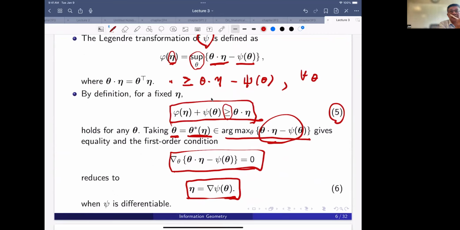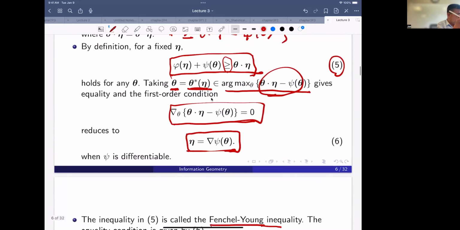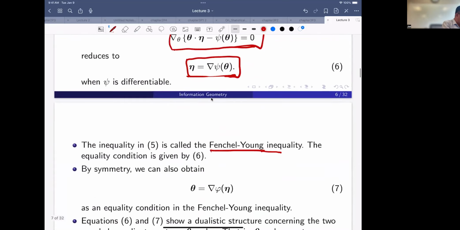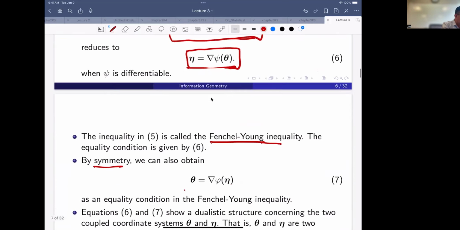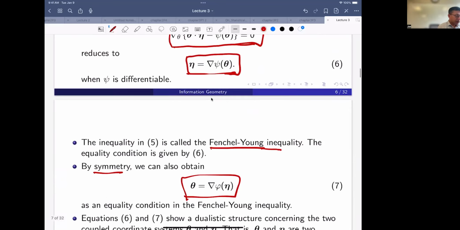You can just exchange the notation: call psi as phi and phi as psi and apply the same argument, using the symmetry. That means the equality will also hold in terms of this equation. So basically this equation and these equations are equivalent.